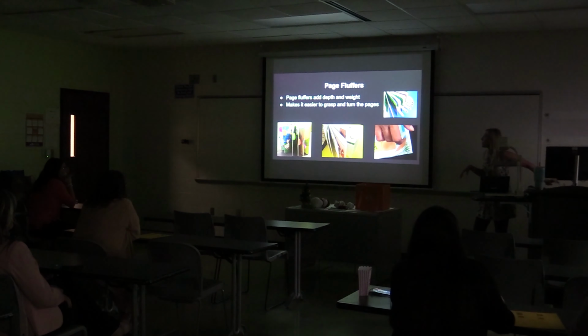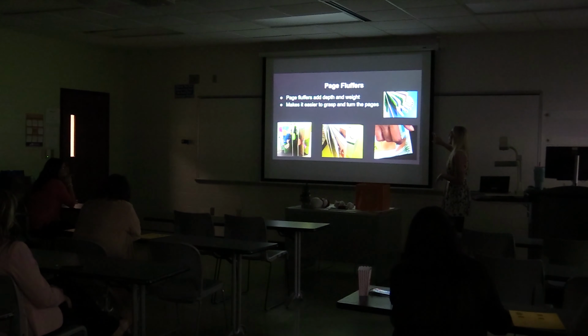And one other thing we use with them is page flippers, for actually turning the book. And we work with our OT on some of these as well, but this adds depth and weight to the book pages, so it makes them easier to grasp and actually turn the page, because we do see a lot of our kids with visual impairments have motor difficulties.